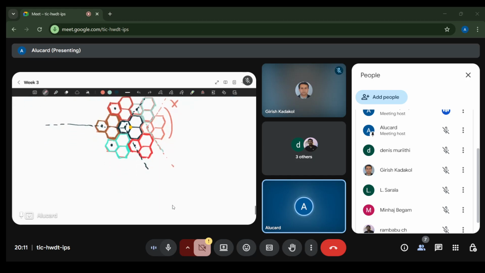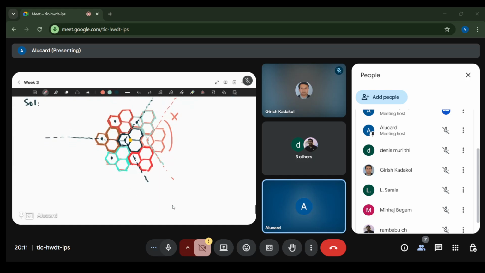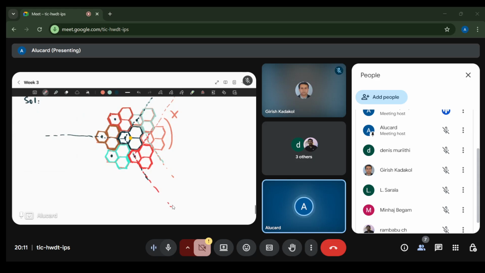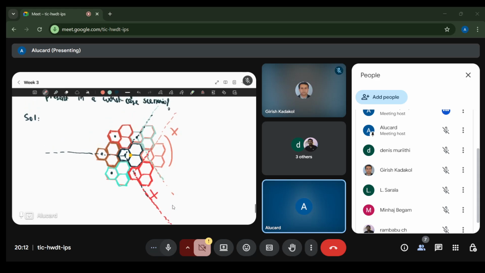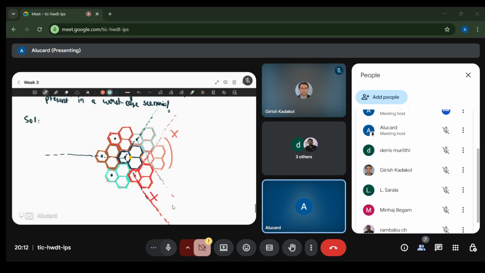What about the red fellow? This guy's sector, I'm drawing the sector which is using the same frequency as the mobile station. I won't draw the other sectors. Again, this guy is also not facing your mobile station, so that guy also won't interfere. So these three to the right side of your mobile station won't interfere.